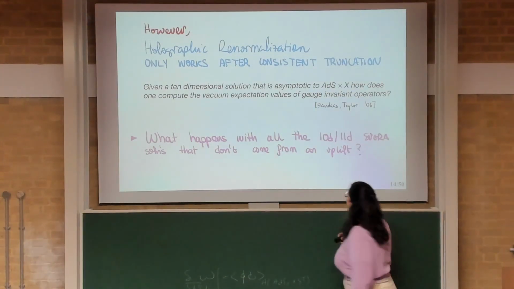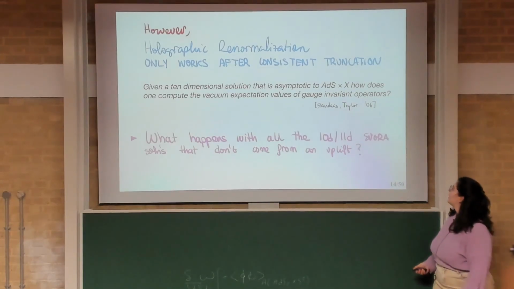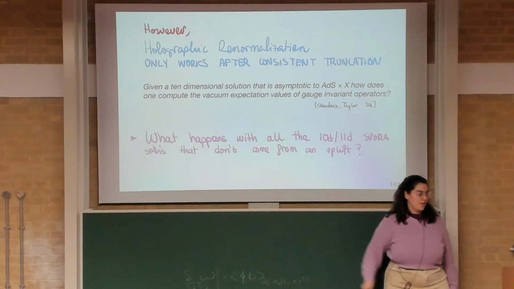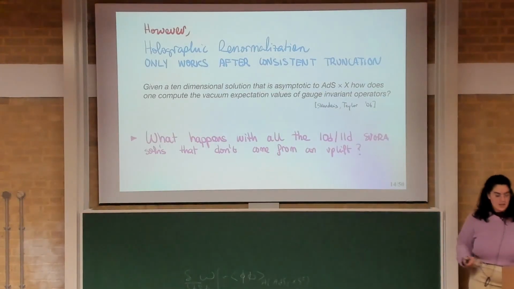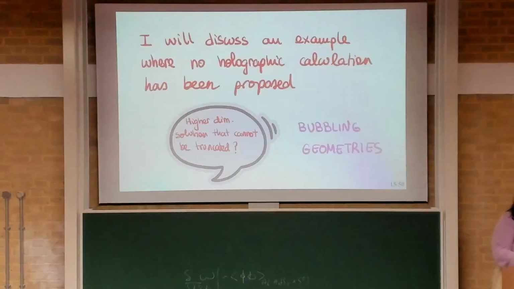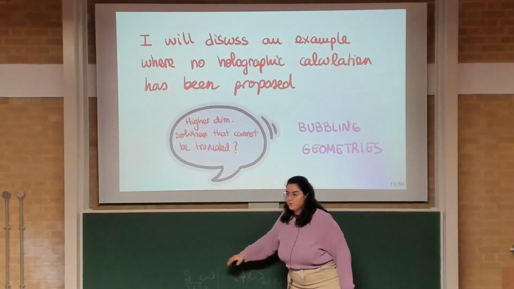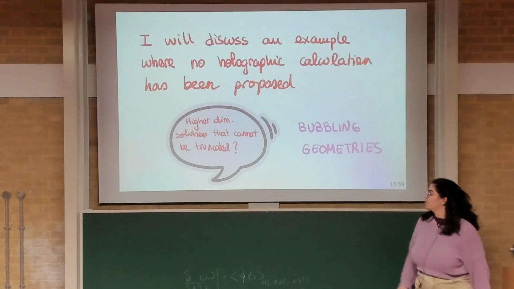So, okay, this procedure that they did works for these correlation functions, and I will give you an example of something that they computed that is really hard and really impressive. But I'm going to talk about this other case in which what I want to compute is the on-shell action, so I cannot use their procedure.